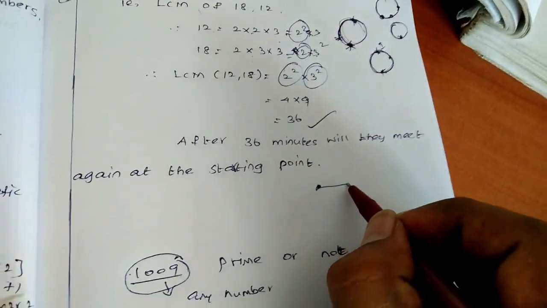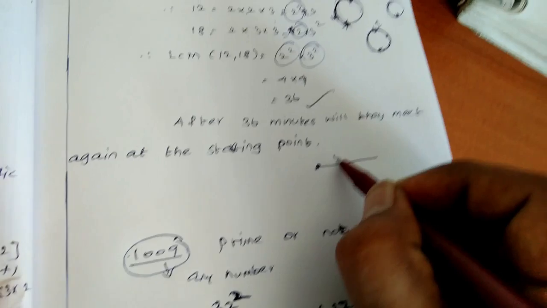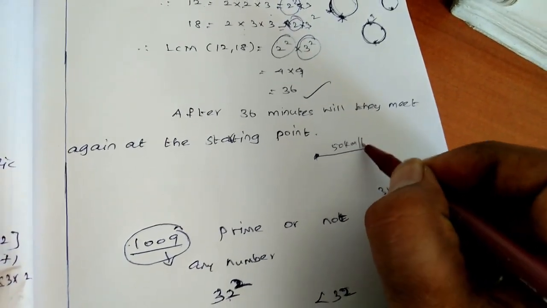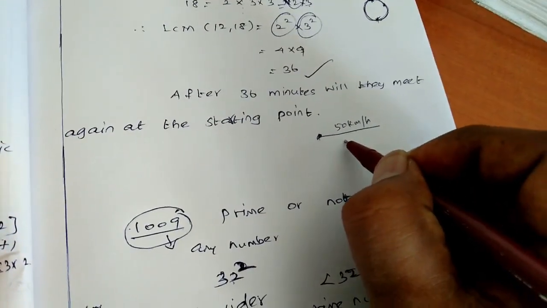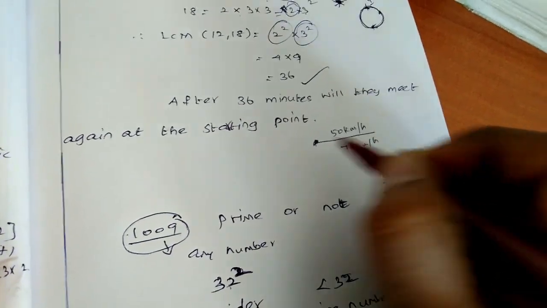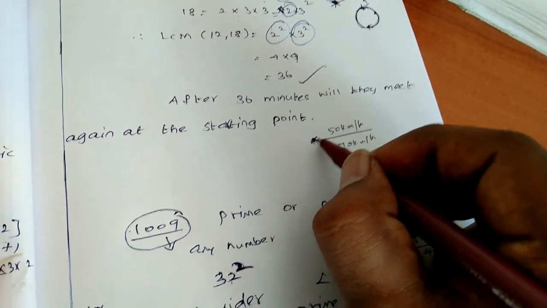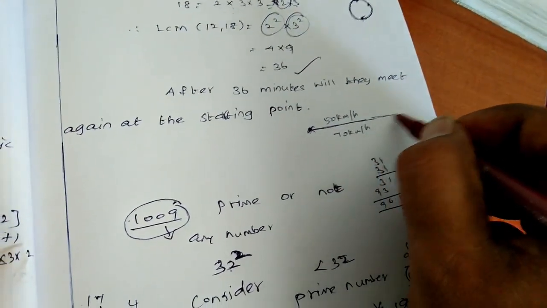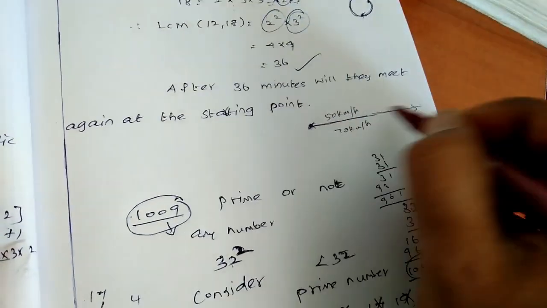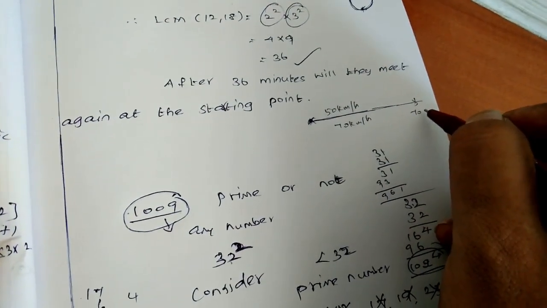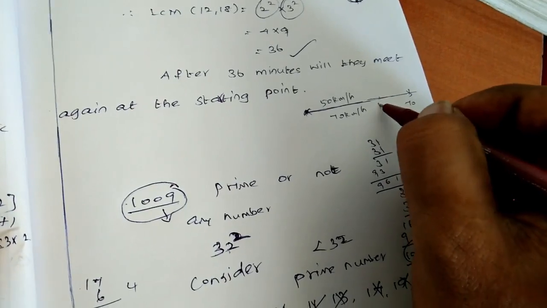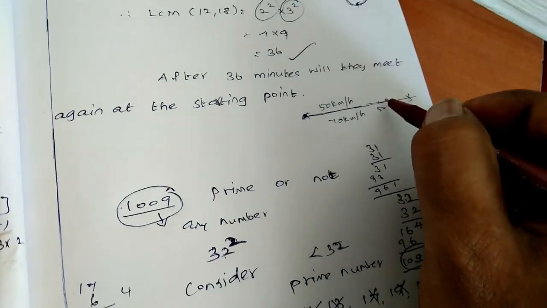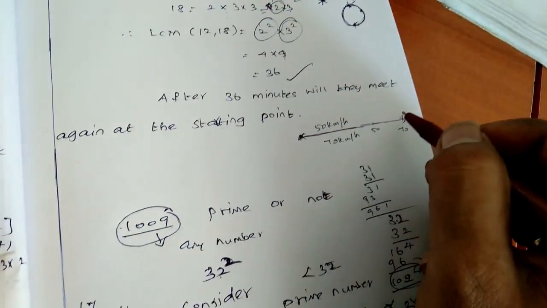You may think of a straight line: suppose one person goes 50 kilometers per hour and another 70 kilometers per hour. After 1 hour, one is at 70 kilometers and the other at 50 kilometers. So definitely they never meet in a straight line.